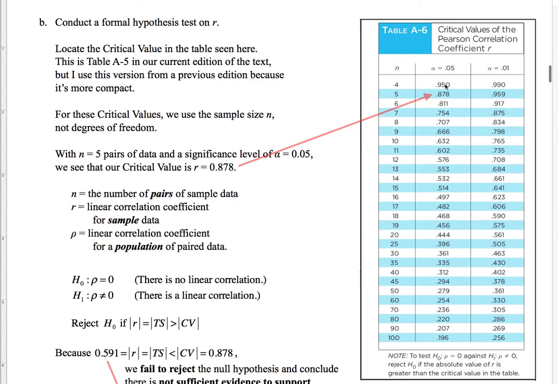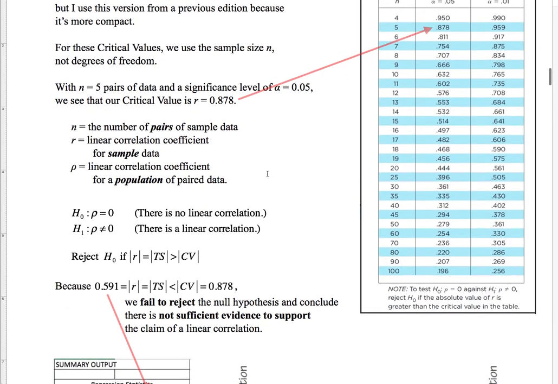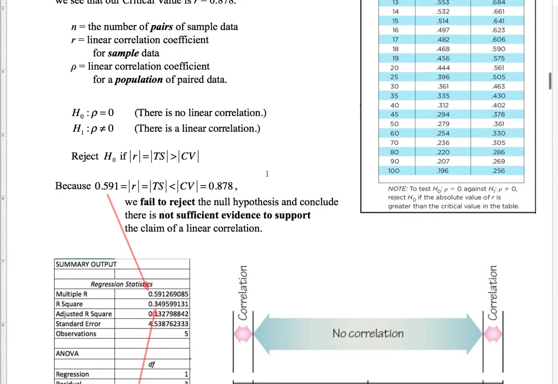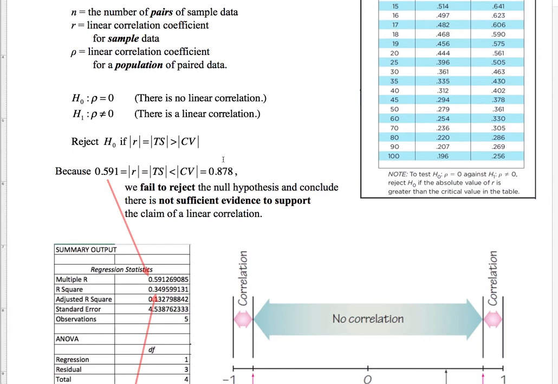You can see there's only 2 columns in this table, and 0.05 is the first one, and our sample size of 5 shows us that our critical value is 0.878. Now, we compare the test statistic to the critical value in this way.